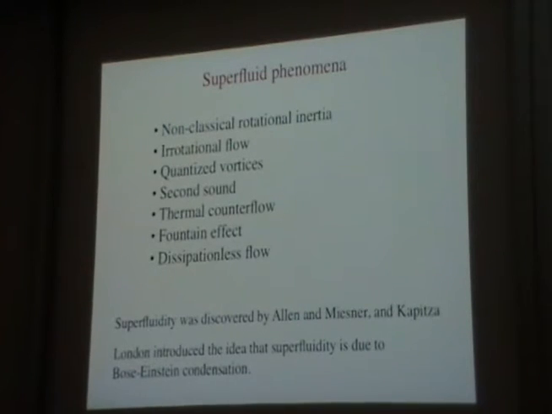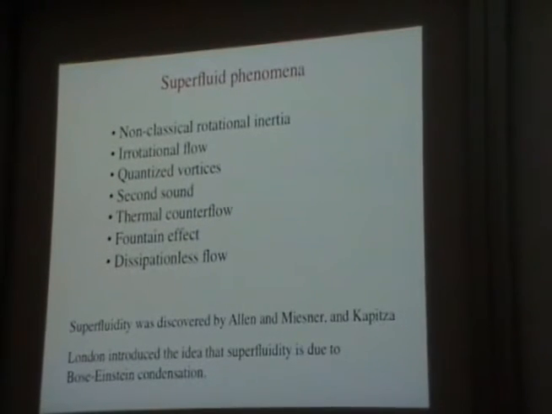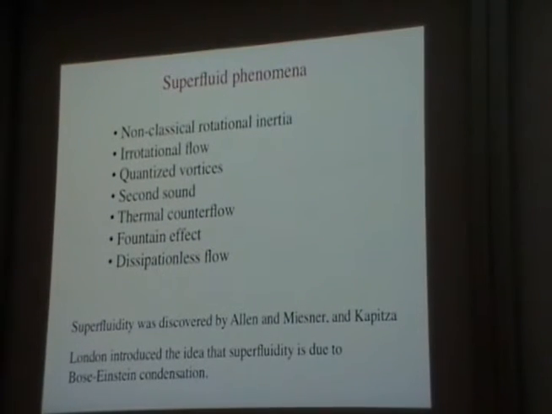One of the phenomena it exhibits is non-classical rotational inertia, which is related to irrotational flow. Typically a superfluid is irrotational. You can see quantized vortices in a superfluid. It exhibits second sound. There's something called thermal counterflow, which has to do with the relative motion between the thermal component and the superfluid.